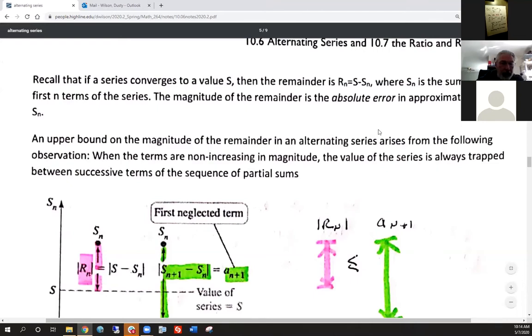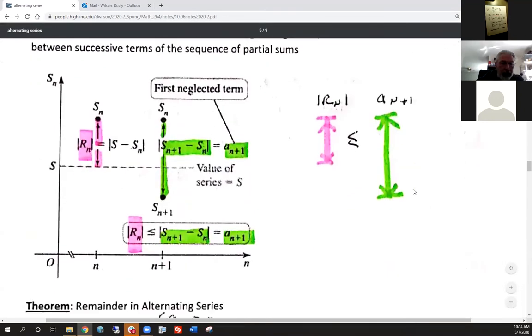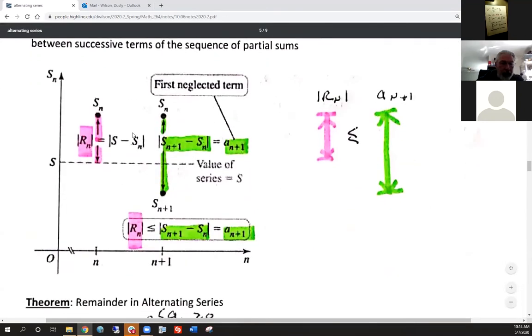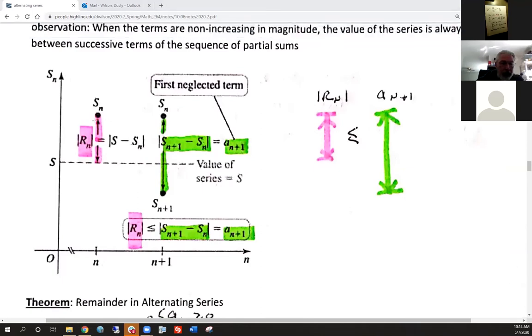And so what I want to point out is that the remainder is this amount here. The remainder is the distance between the dotted line S and whatever the partial sum is. Okay, so maybe another remainder would be right here.